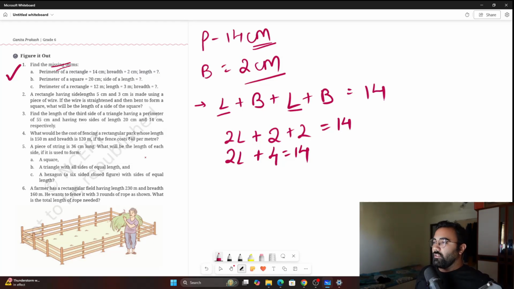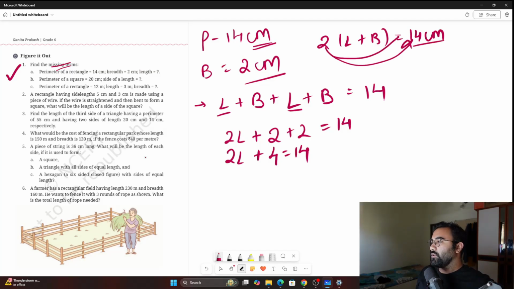Now if you straight away remember the formula, that is twice of (L plus B) in bracket gives you 14 centimeter, you can straight away take this 2 over to the right hand side and put it into division. That method is also correct.